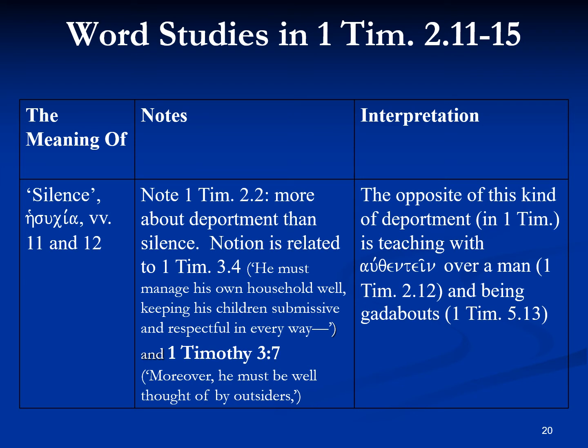So not just the meaning of hesychia in chapter 2, but the idea that's being explored in chapters 2 and 3 is important here. And again, in 1 Timothy 3:7, "Moreover, he must be well thought of by outsiders." That's also related to the idea of silence in chapters 2 and 3. So we can ask the question in the third column, what's the opposite of this kind of deportment?